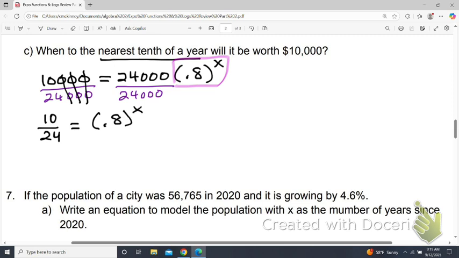So then I have this. Now, to get my variable out of the exponent, right? Now I'm going to switch to log form. So before I had to switch to exponential form, now I'm going to switch to log form. So log base 0.8 of 10 divided by 24, or 5 divided by 12 if you so prefer.